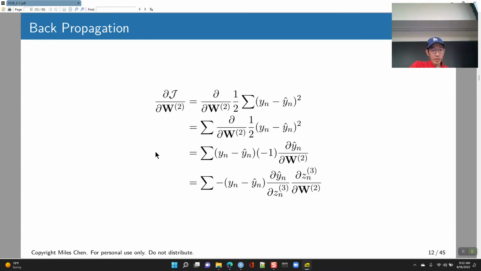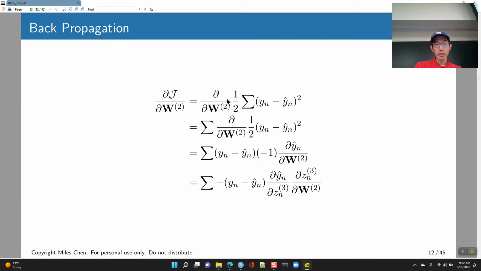Okay, so we're going to start off by defining our loss function, which is the sum of squared errors times 1/2. We have the actual value y sub n minus the predicted value y hat sub n, quantity squared, and the sum of this.